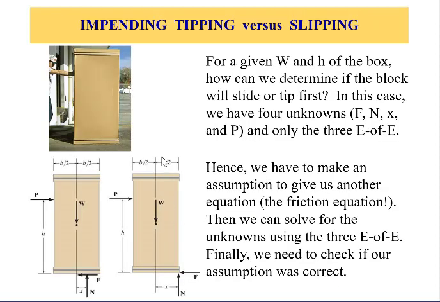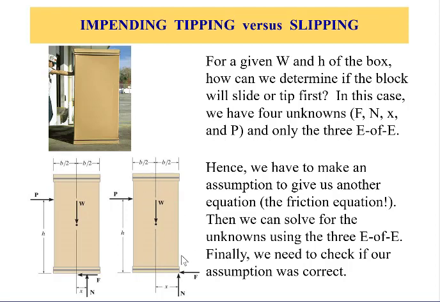Before we start with an exercise, let's look into this note. There is a concept called slipping and tipping. An object that tips means that the object will rotate about a fixed point.